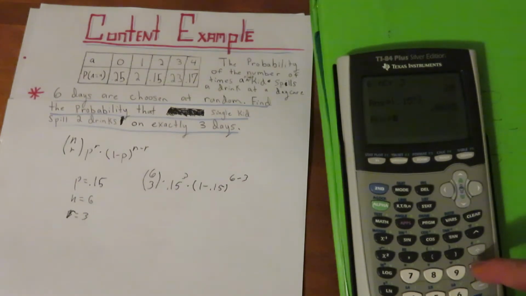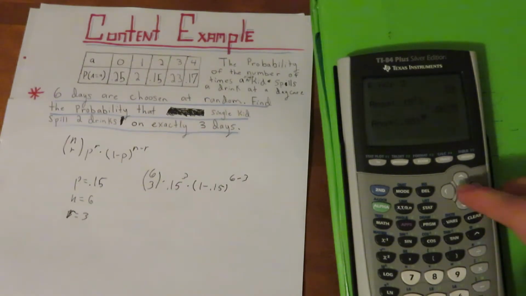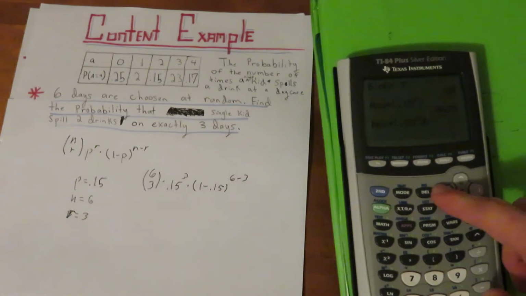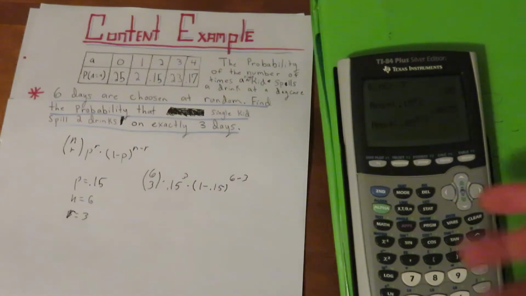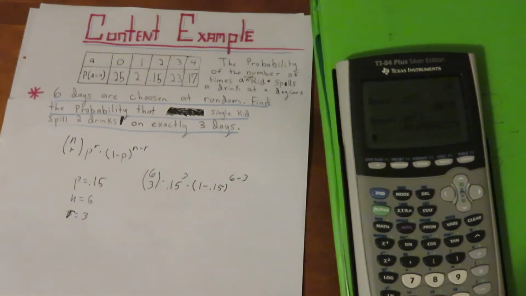Do that times 1 minus 0.15, which is 0.85, to the power of 3. 6 minus 3 is 3. And then that should get you your answer.